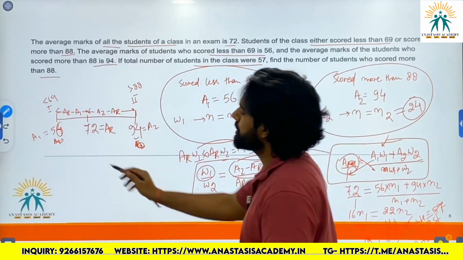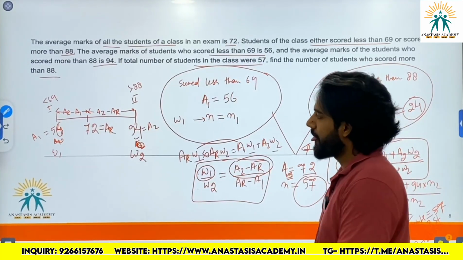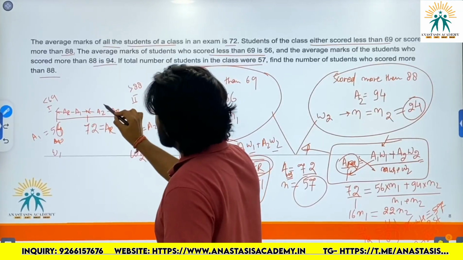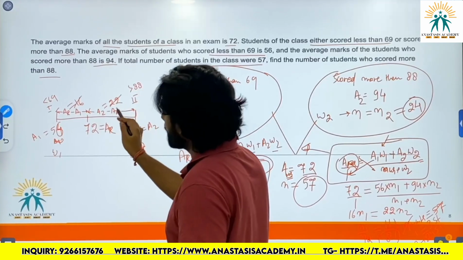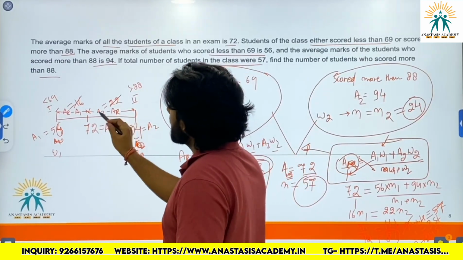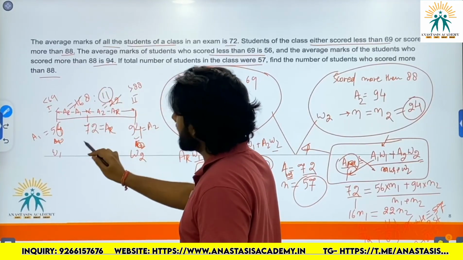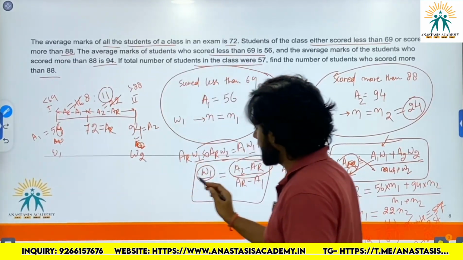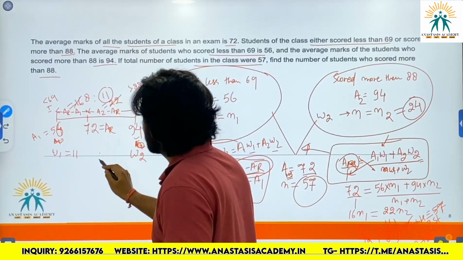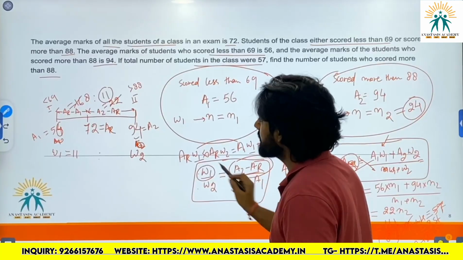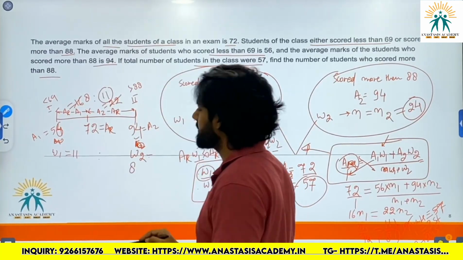W1 is the weight associated with the first lot and W2 is the weight associated with the second lot. Now the gap A2 minus AR I know is 22, and the other gap is 16. So the ratio of these two gaps is 8:11. So the weight associated with the first lot, W1, is A2 minus AR, that is 11, and the weight associated with the second lot must be 8.